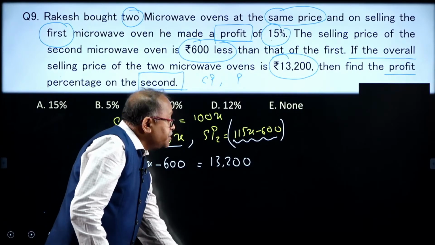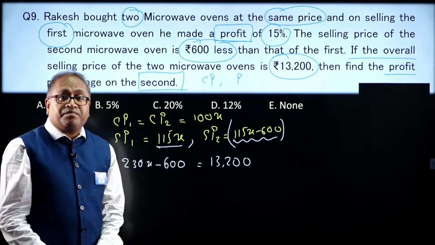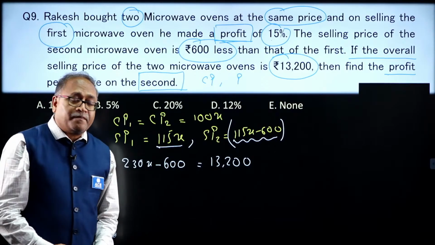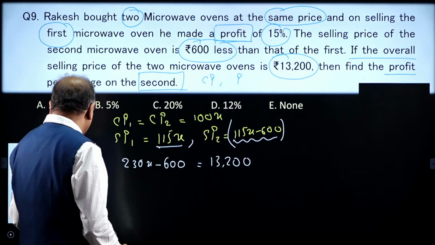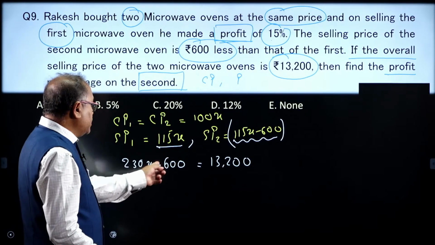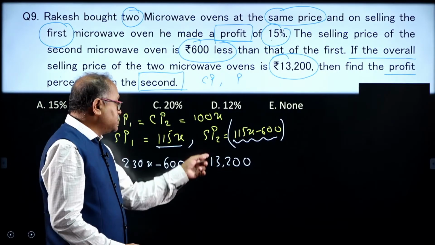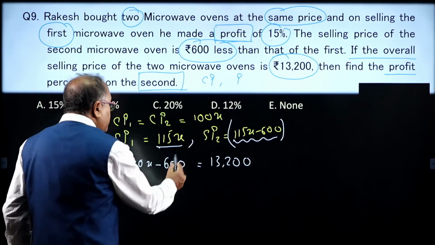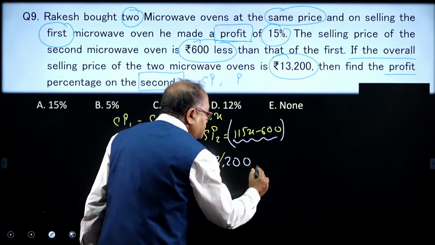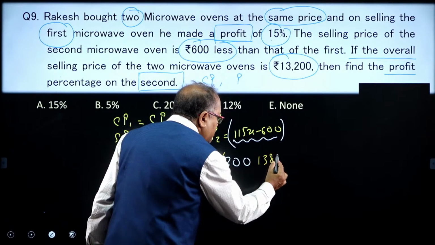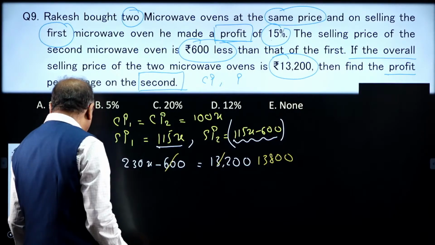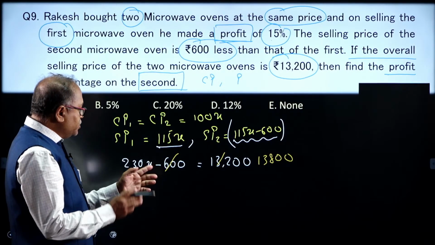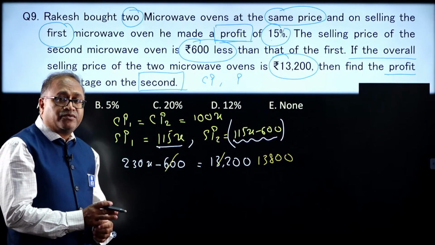Let me see, the time is up. If you permit me, I will try to solve this question. I am solving this question over here. I will take this 600 to the other side, and it has become 13,800. Going to the next step with 230, I notice that the number is a multiple of 23.